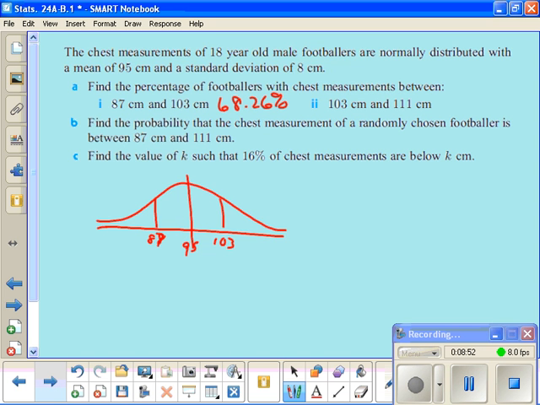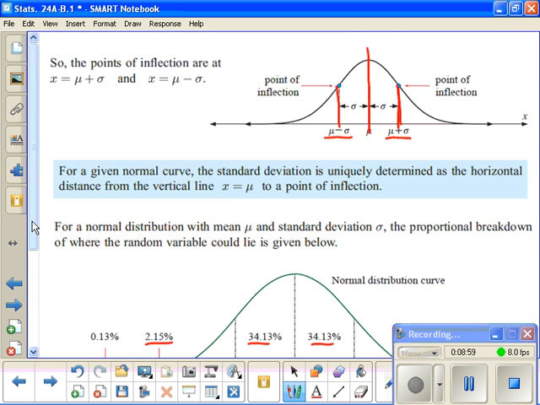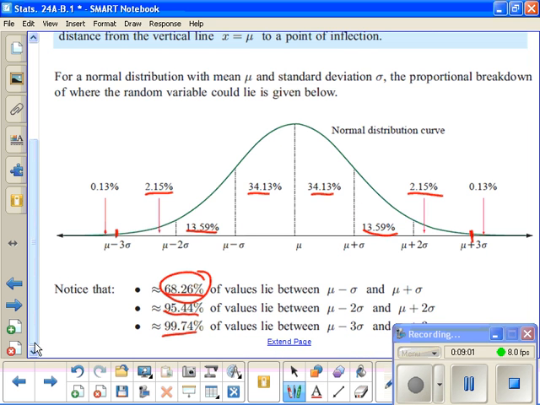From 103 to 111, that would be between these two, from 1 to 2 standard deviations. If you look back, that is going to be 13.59%.